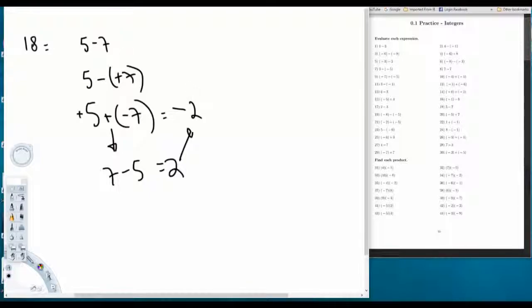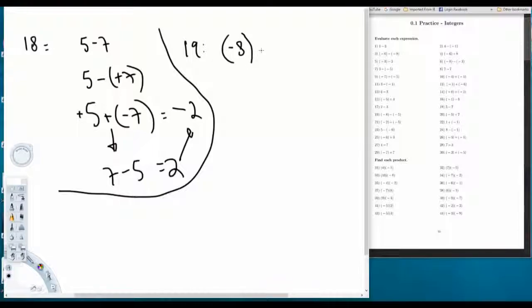Number 19 now. Minus 8 minus 5 equals. Now, as soon as we have two signs that are the same like this, minus a negative, you could easily say minus 8 plus 5, right?